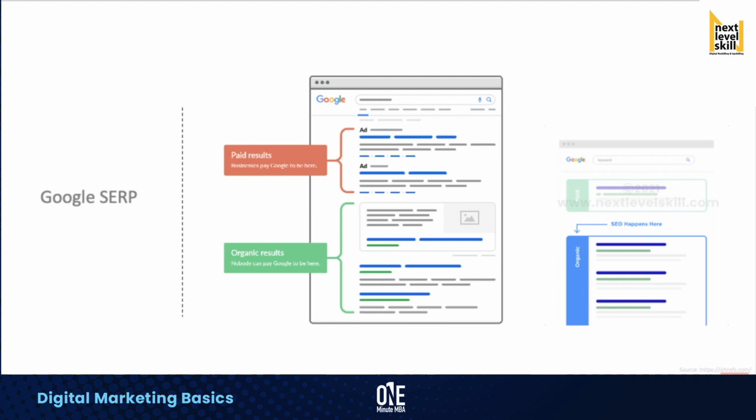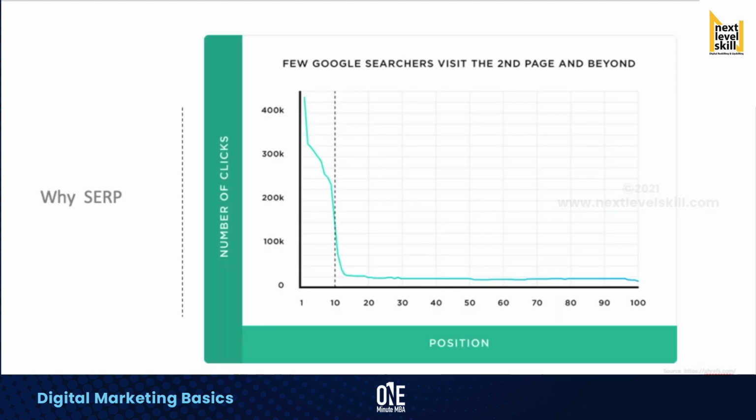So why does the search engine result page matter for SEO? Most people click organic results on the first page of the search engine result pages. You can see the graph of the number of clicks against position. From the 1st to the 10th position you can see the clicks, and for the second page, third page, fourth page, fifth page, it declines like anything.